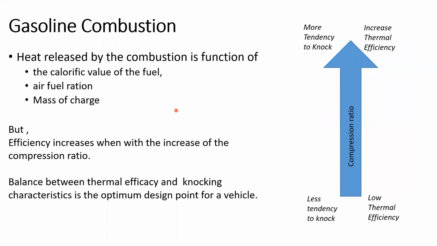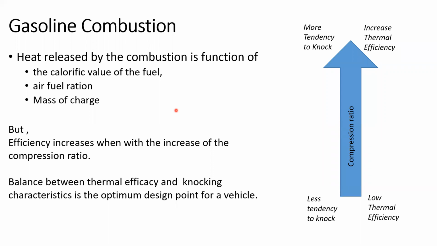Right, so we'll move into the combustion process a little bit. We have petrol combustion and diesel combustion. We discussed previously in unit 2 how the combustion processes are different.